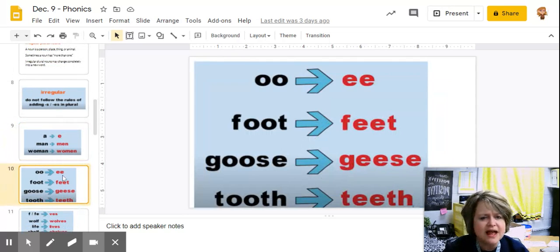All right, here's another one. If the word has an OO in it, then you're going to change it to an EE. For instance, foot. I have a foot, but I have two feet. Goose. I see a goose. Now there are several geese.